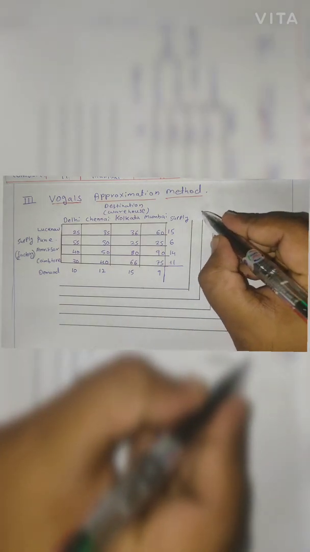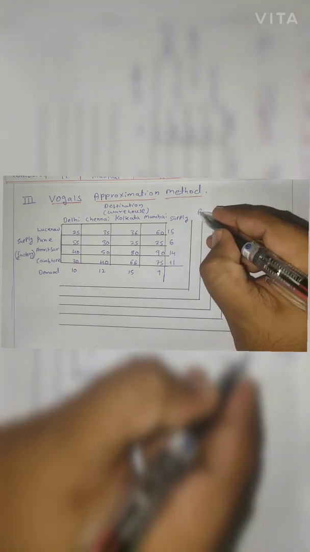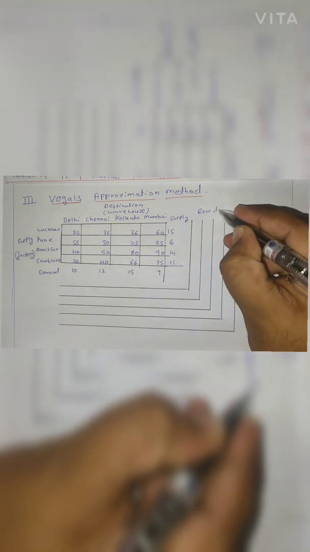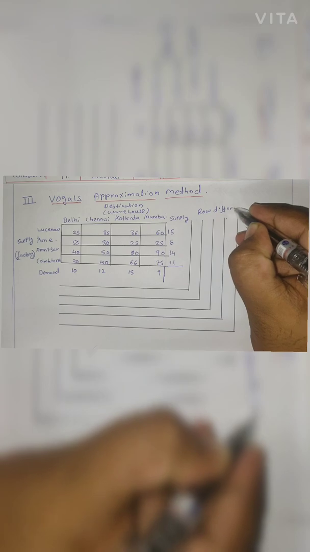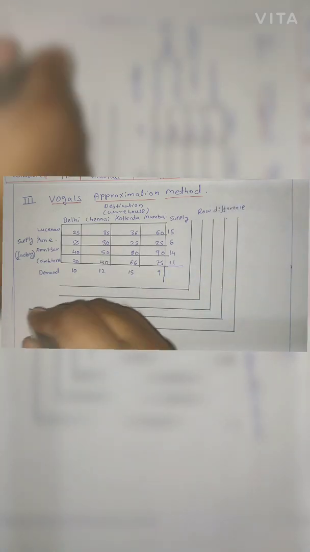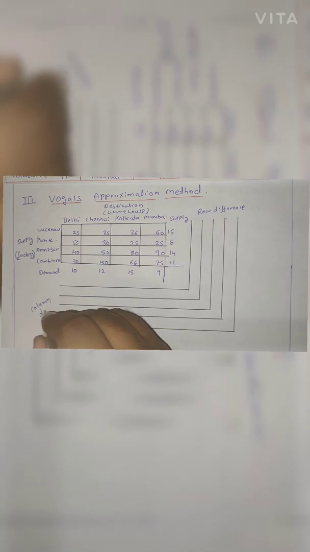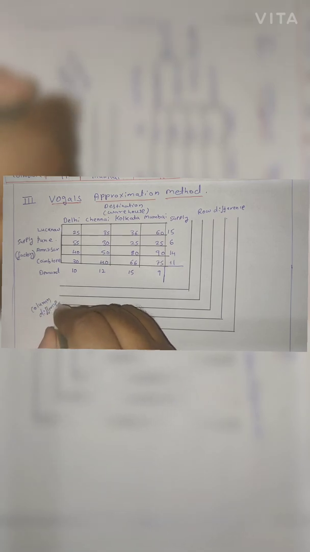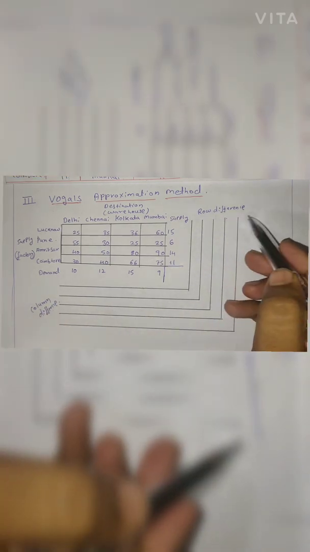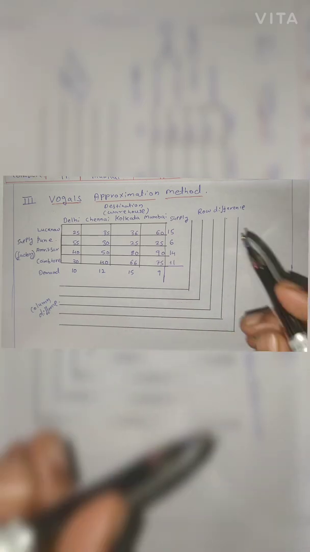Here these lines are for row difference and these are for column difference.